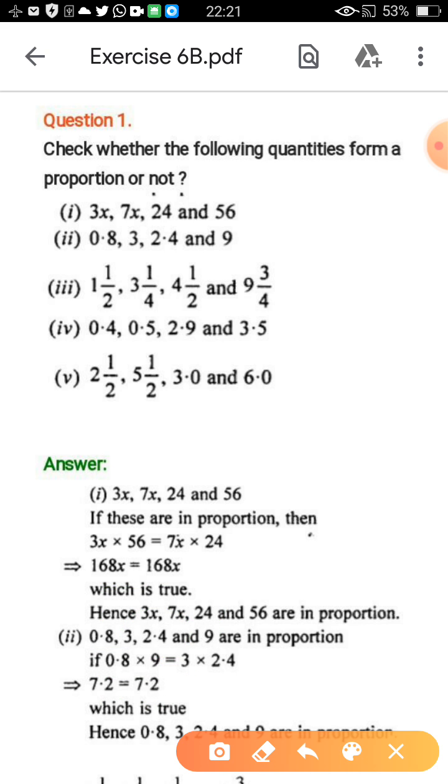And 24 threes are 72, one decimal, so 7.2. Both sides have the same answer, 7.2, which is true. Hence the given quantities are in proportion. Got it now?